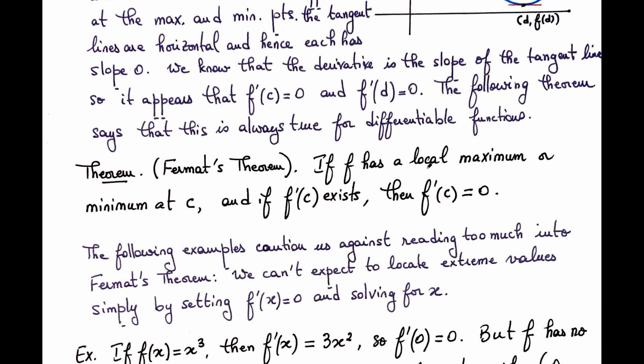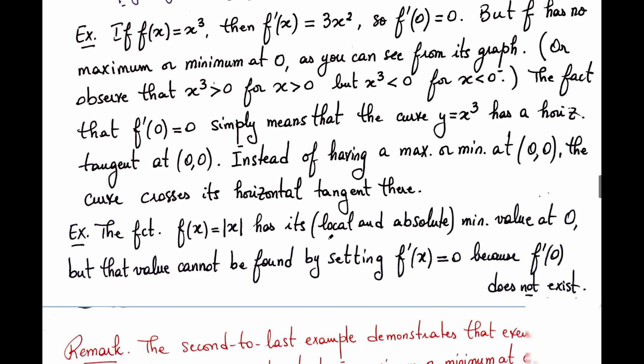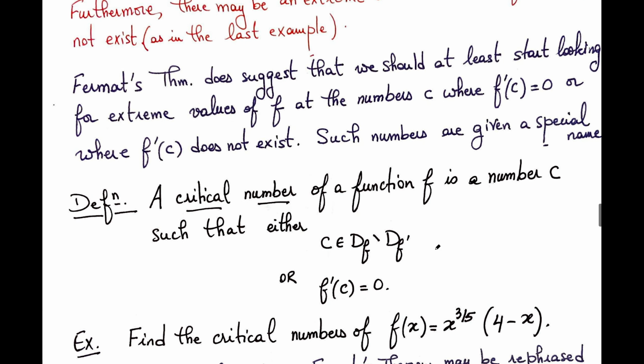So if f has a local maximum or minimum at c, then that number c must be a critical number, because either f prime of c exists, which forces f prime of c to be 0, so it's a critical number, or this fails. And if this fails, it's a critical number of type 1, right? The first type, this type. All right, let's take an example.